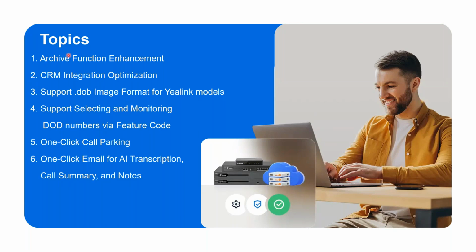The first topic is the archiving feature and CM integration optimization, and we support the DOB image format. Previously we didn't support it, so some IP phone models couldn't fetch the DOB image from our server PBS, and we have been supporting this feature.